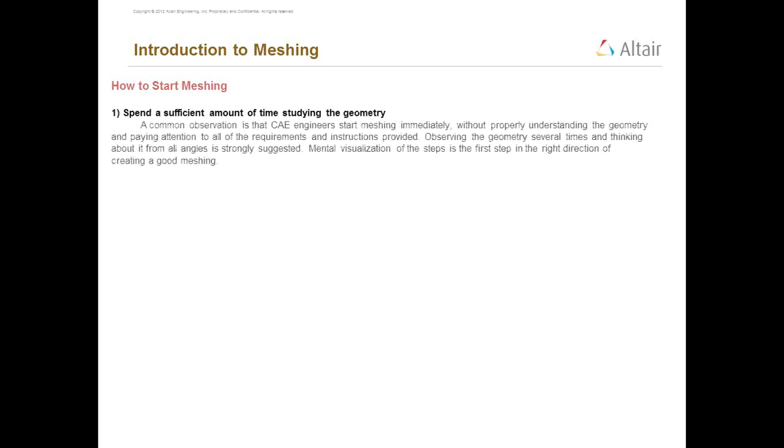Then the next question arises: how to start the meshing? From where exactly should we start the meshing? To start the meshing, the first point is to spend a sufficient amount of time studying the geometry.